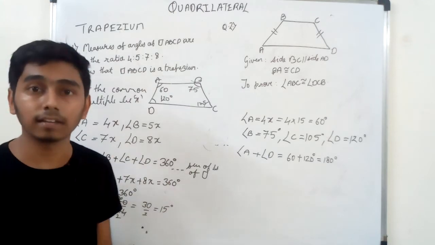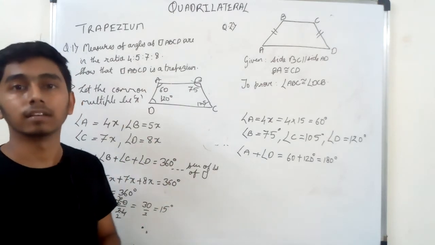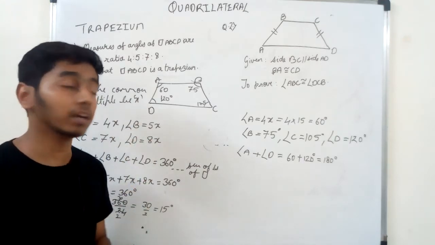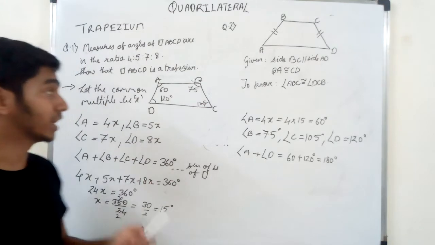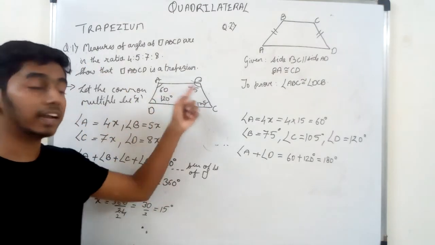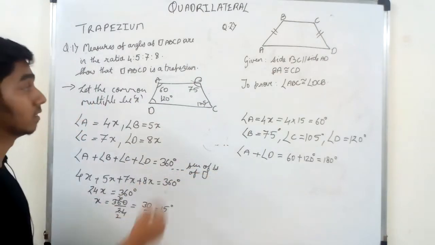That is the interior angle theorem, but here it is the converse interior angle theorem. So if you are getting confused with this, please check that video before continuing this. Go check that out and then you'll understand it better. So the converse interior angle theorem will be applied here.